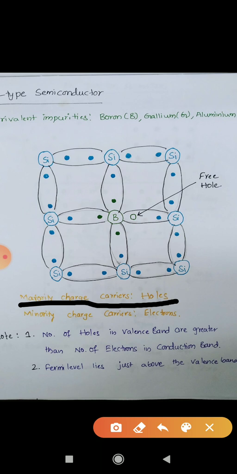Because of that reason, this semiconductor is called p-type semiconductor. And you can note the following. Here the number of holes in the valence band is greater than the number of electrons in the conduction band, and the Fermi level lies just above the valence band because here the majority charge carriers are holes.